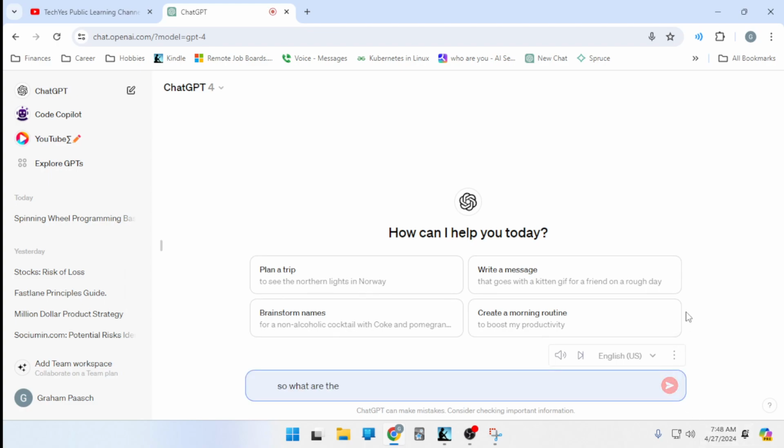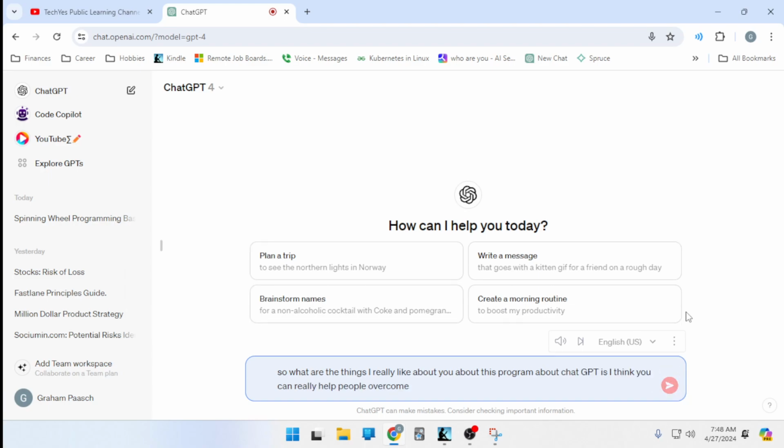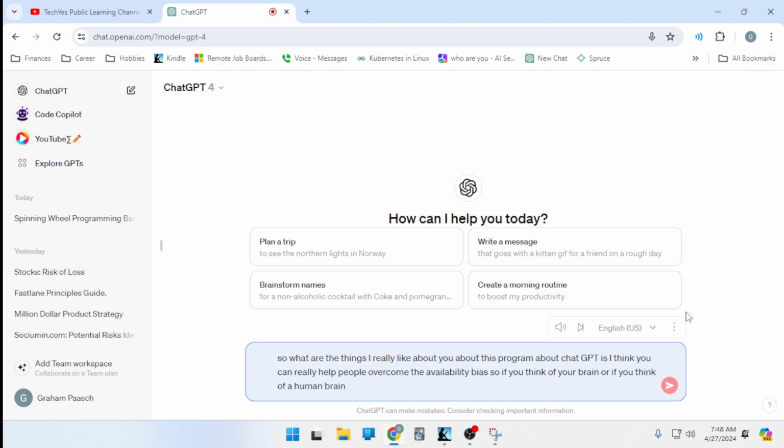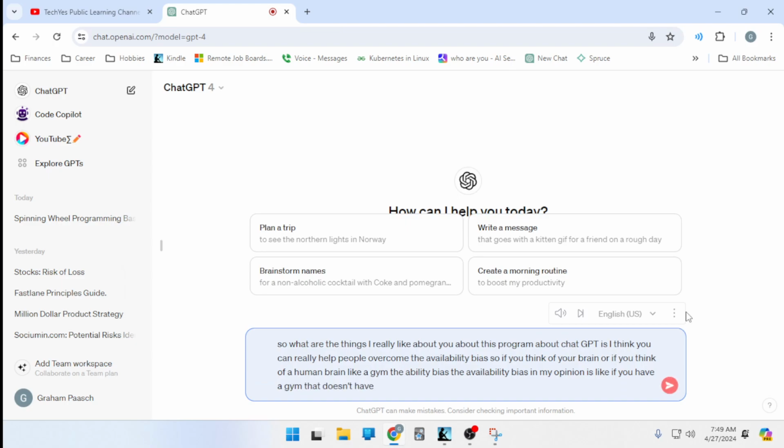So one of the things I really like about this program, about ChatGPT, is I think it can really help people overcome the availability bias. If you think of a human brain like a gym, the availability bias, in my opinion, is like a gym that doesn't have any weightlifting equipment.